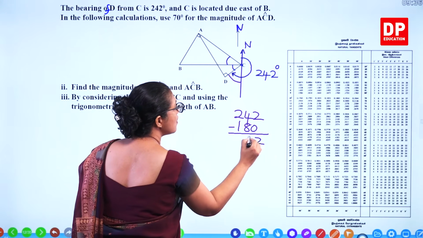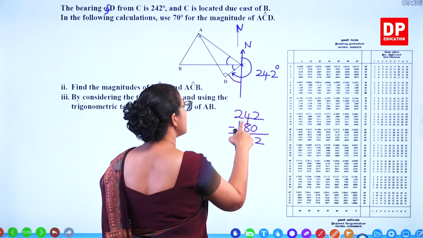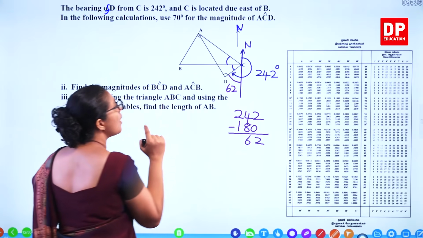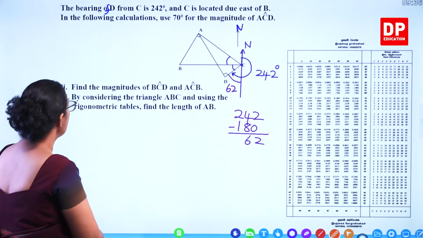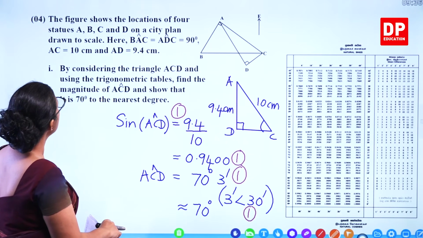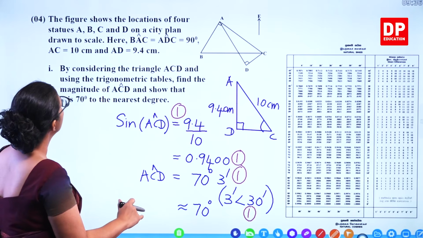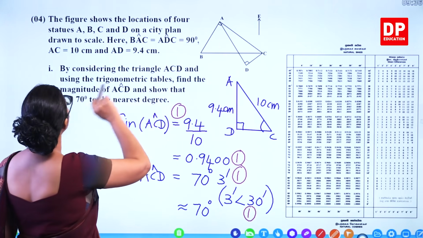Subtract. You get 62 degrees. This is 62. But we know that according to the diagram, this is 90 here, just check it.